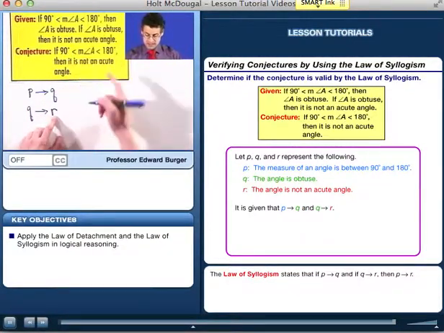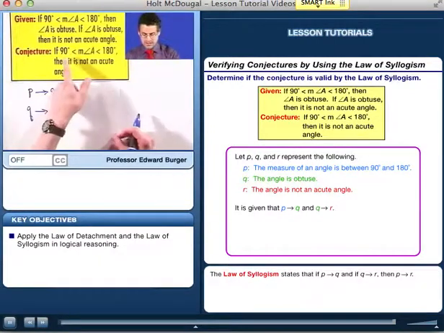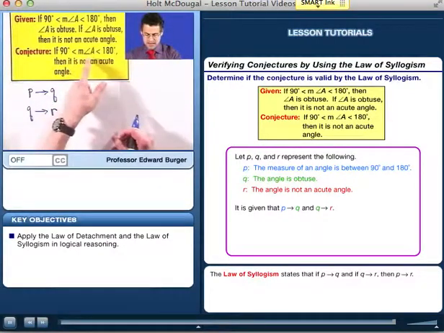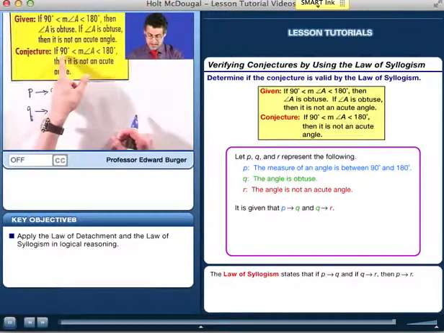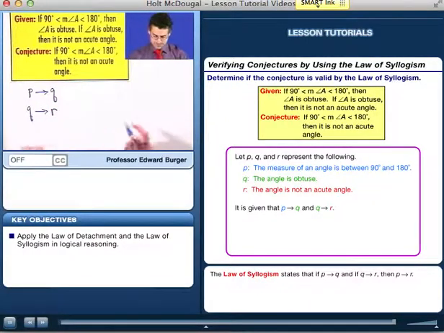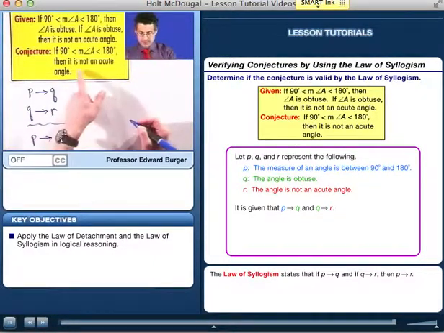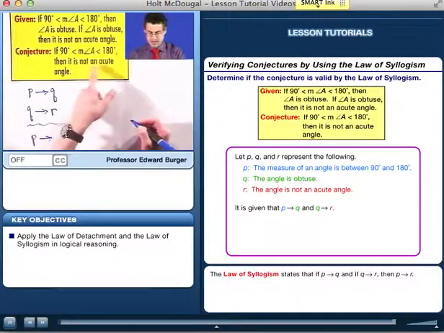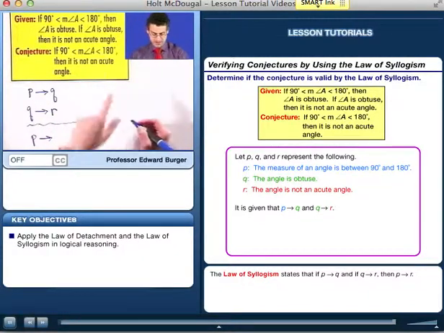The question is, can we now conclude this? If the measure of A is greater than 90 degrees but less than 180, that's actually P. Does that imply that the angle is not an acute angle, which is the statement R? The answer is yes.